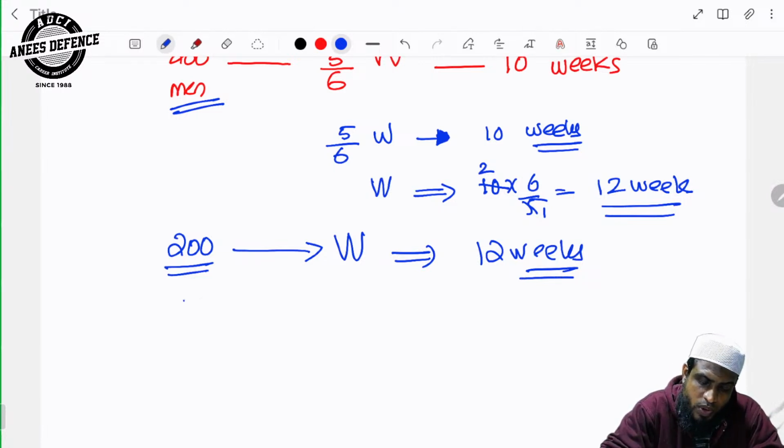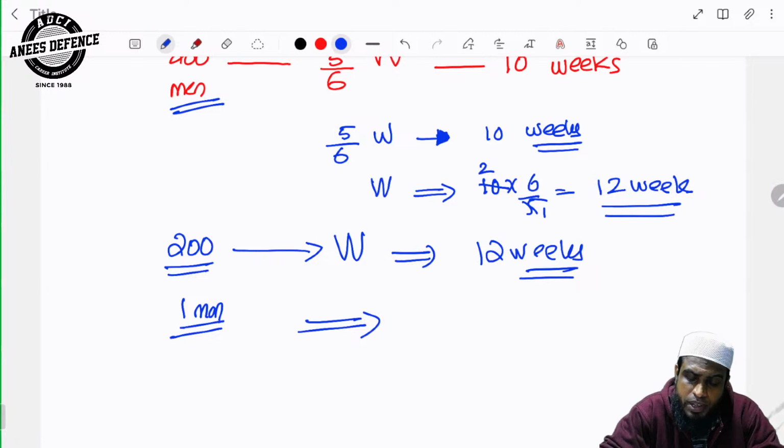So 200 men take 12 weeks to complete the work. So one man can do the work in how many weeks? The total work is done in 12 weeks.